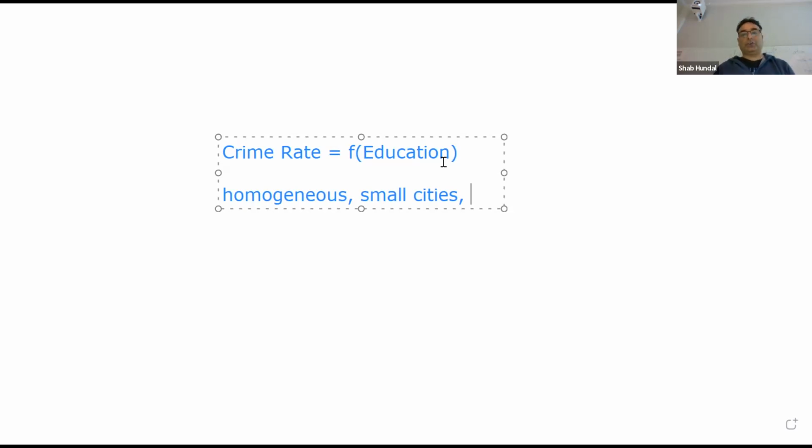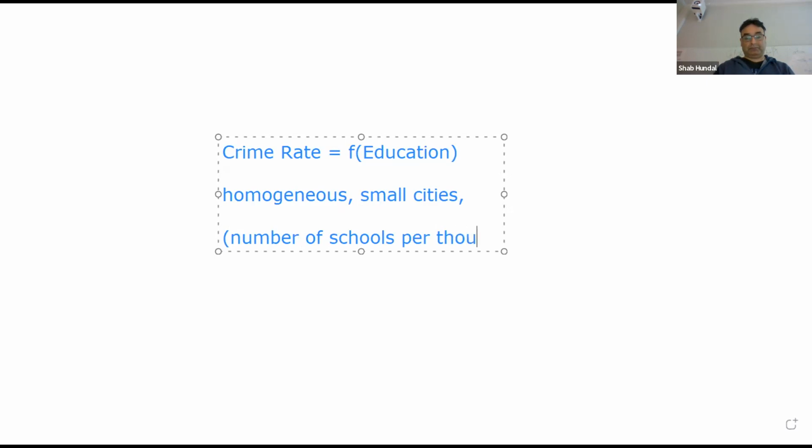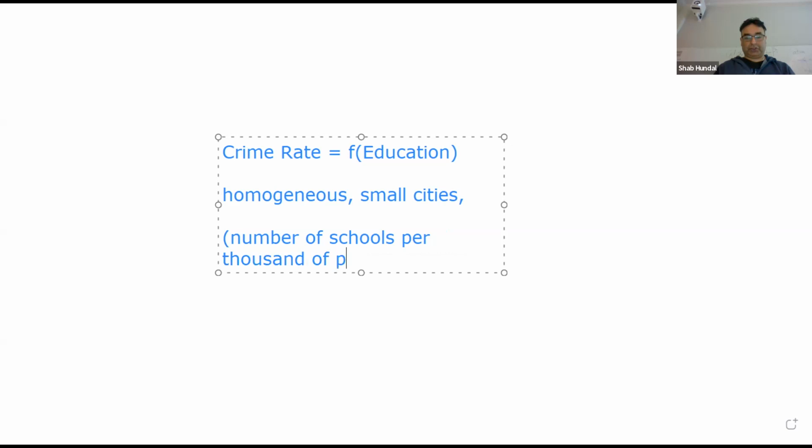If I were you, I would not calculate education as simply the number of schools. I would say the number of schools per 1,000 of population. That would give me a relative measure of my education variable, rather than just the number of schools in a city.